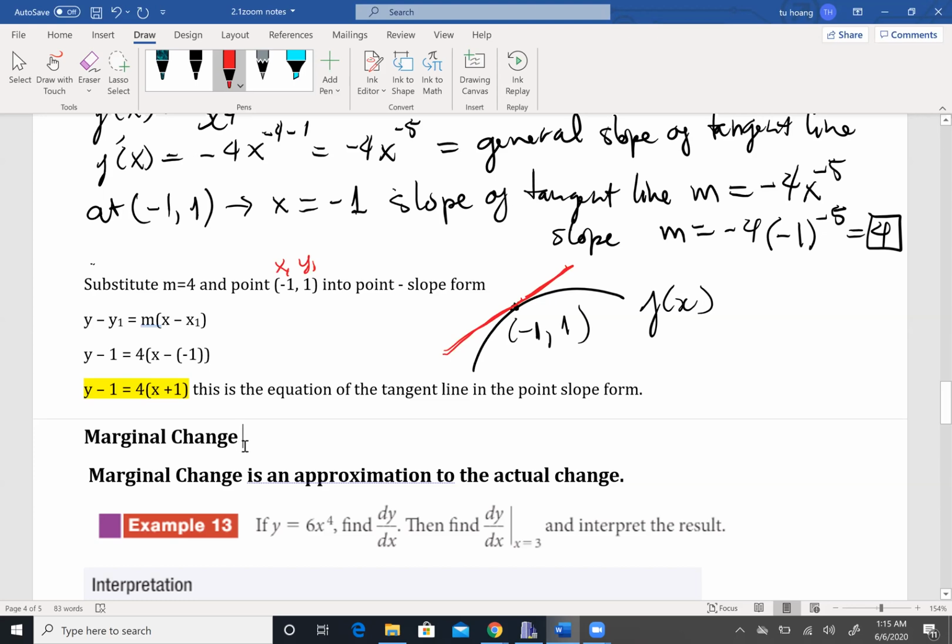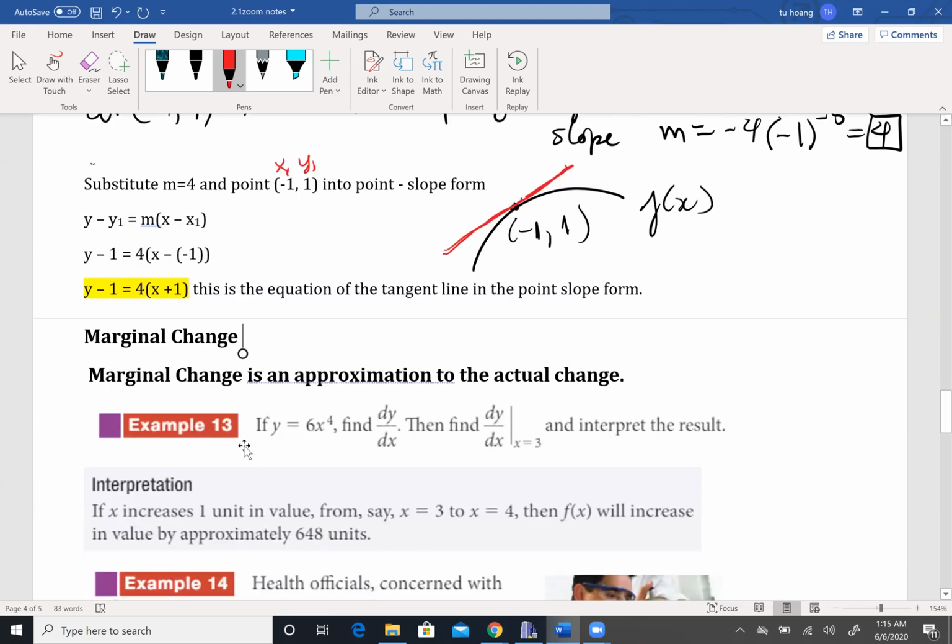All right. Now, one more thing that you need to know is marginal change. Maybe in business, the word marginal may be something like marginal profit.